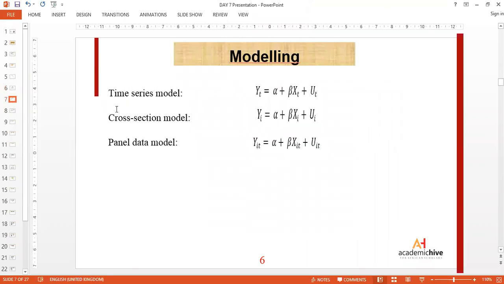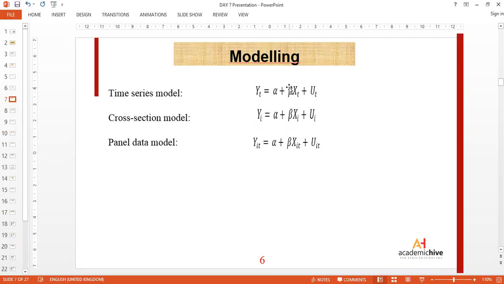So for time series data, this is the regression modeling. For time series data, the model looks like this. The y is the dependent variable, y for t equals alpha plus beta x. I don't know if this is very technical right now.